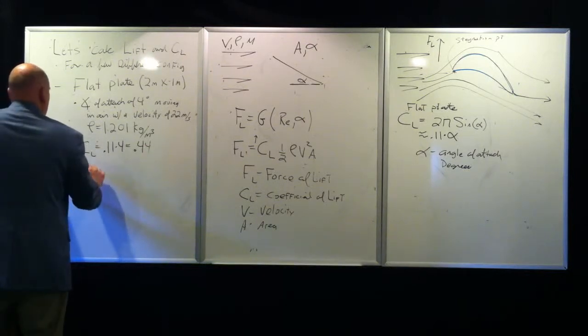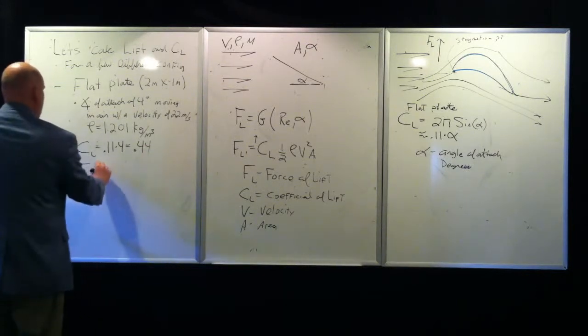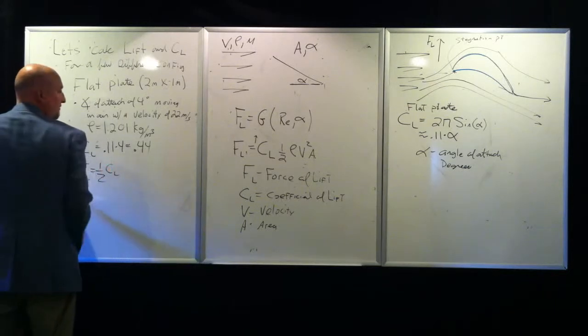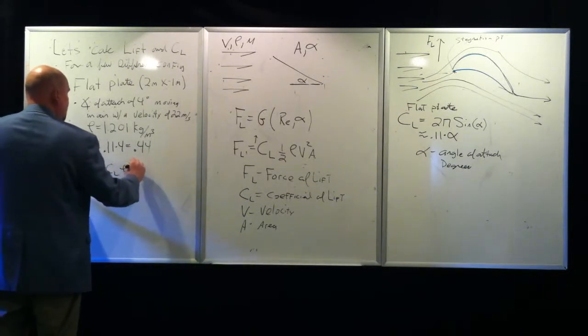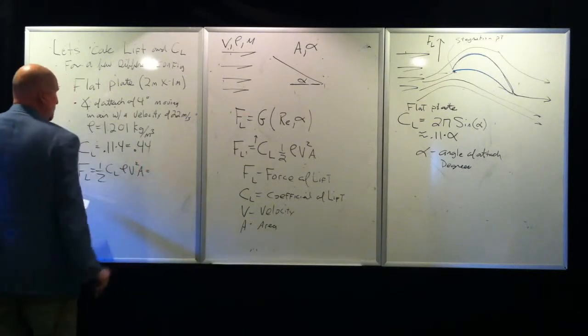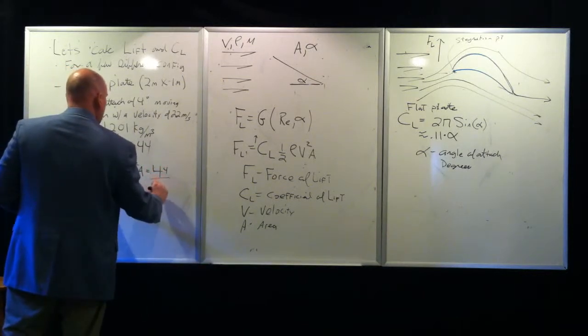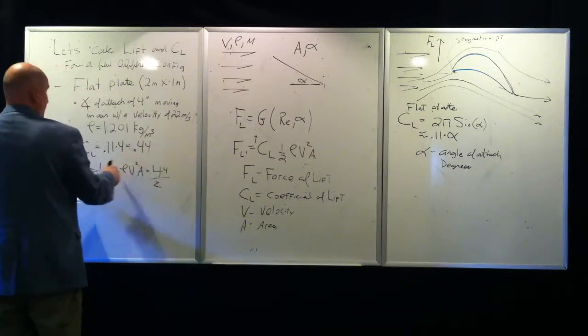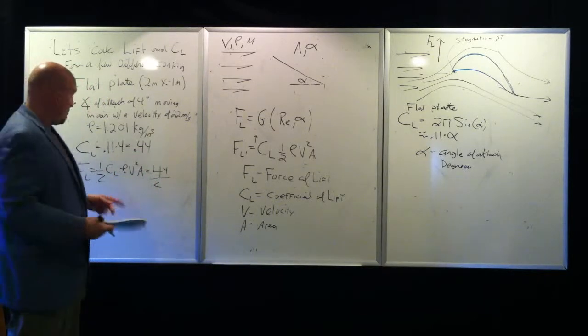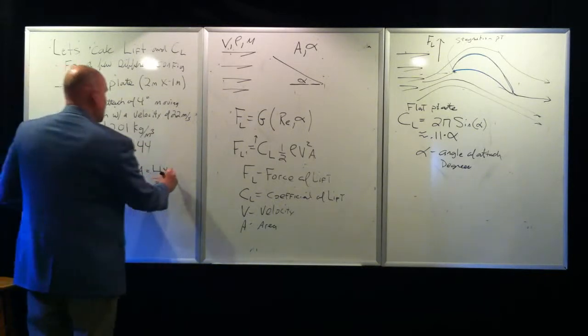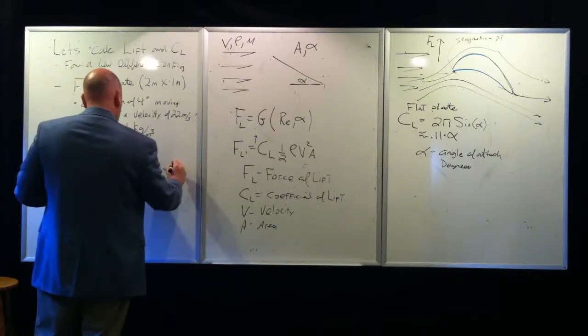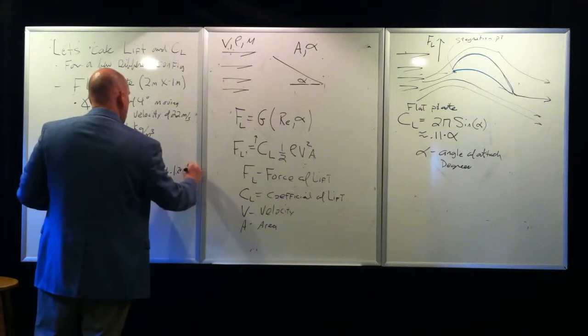Now we can calculate the force of lift. The force of lift is 1/2 the coefficient of lift, rho v squared A. So 0.44 divided by 2, where 0.44 is our coefficient of lift and the 1/2 is out in front. The density is 1.201. The velocity is 22 squared.